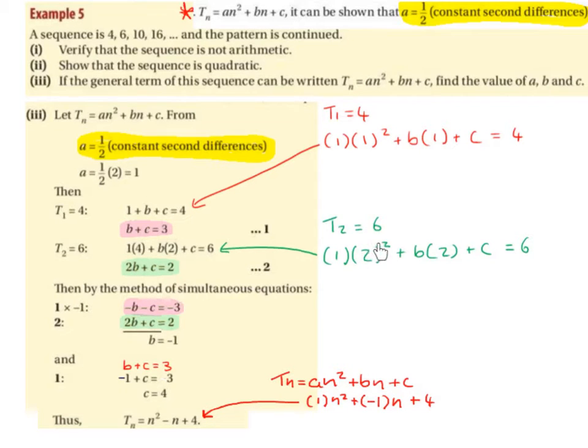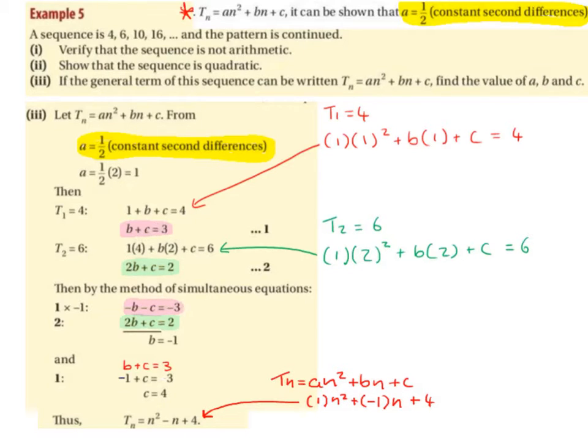So 2 squared is 4. It's 1 multiplied by 4, plus 2b plus c is equal to 6. So 6 minus 4 is 2, and we've got 2b plus c is equal to 2.